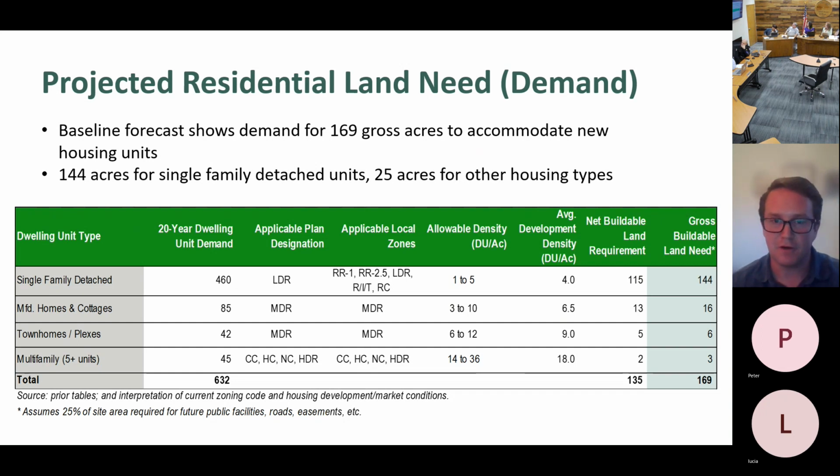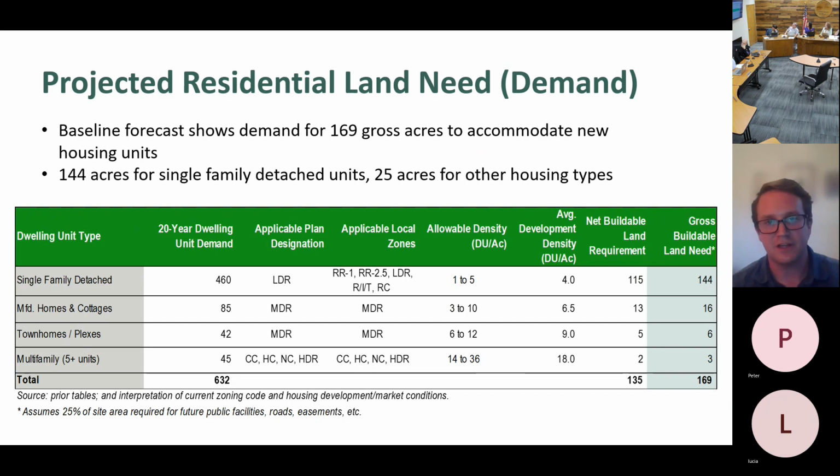Over to the right of those columns, the allowable density, we're making some assumptions about the expected density of the development for each of those. So for instance, in single family detached, we expect about 1 to 5 dwellings per acre, manufactured homes and cottages 3 to 10 units per acre, 6 to 10 for townhomes and plexes, and then multifamily about 14 to 36.